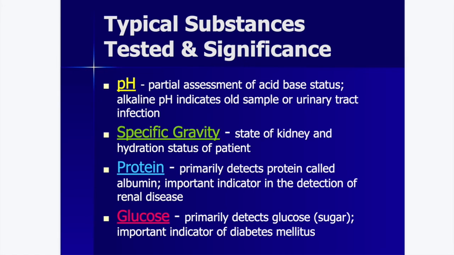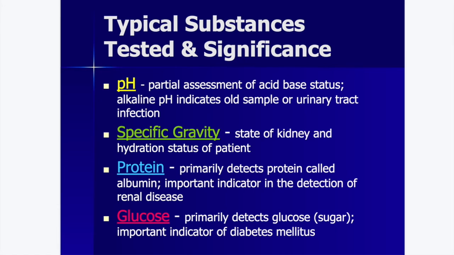So typical tested substances and their significance: pH is going to give you a partial assessment of the acid-base balance. Alkaline pH or a high pH is going to indicate either an old urine sample or a UTI. Specific gravity shows the state of the kidney as well as hydration of the patient.